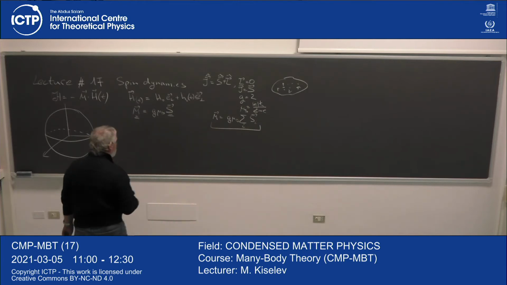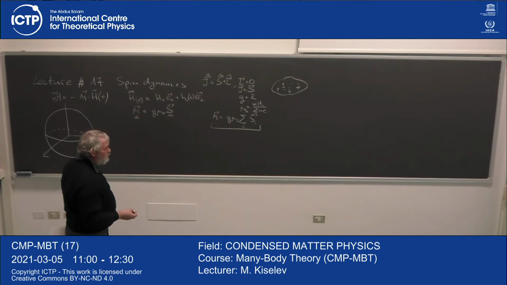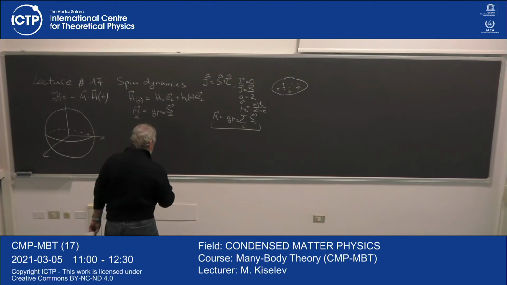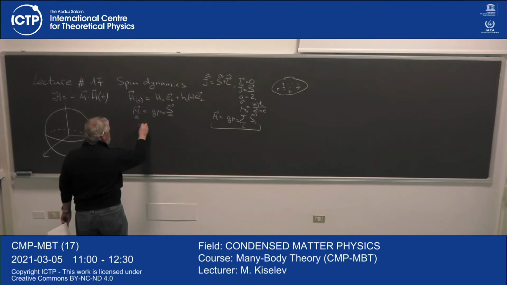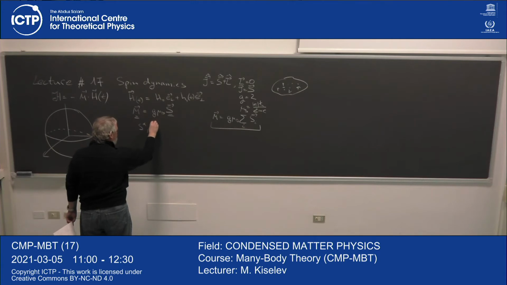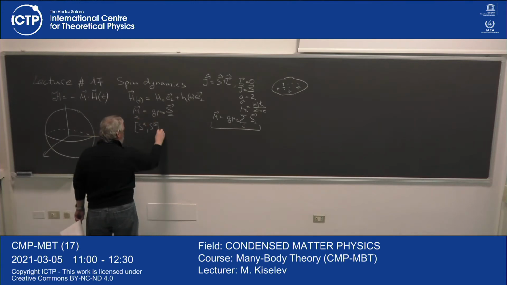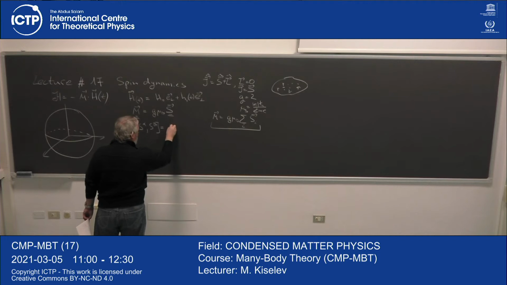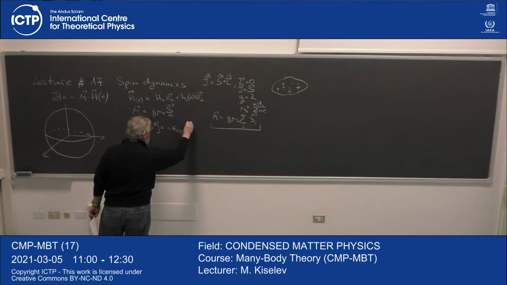Okay, I start with reminding you of the commutation relations for spin, namely S alpha, S beta. The commutator is equal to i epsilon alpha beta gamma S gamma.